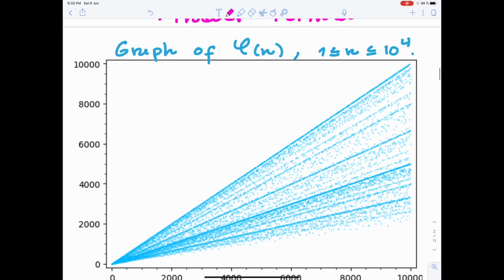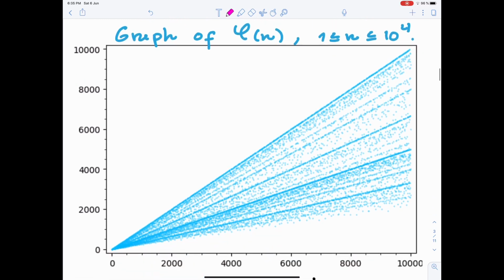A cool curiosity that stems from the product formula is an explanation for these straight lines arising in the graph of phi of n. Let's take one of these lines, and say, for instance, that the equation of this line is y equals m times x, a straight line going through the origin.